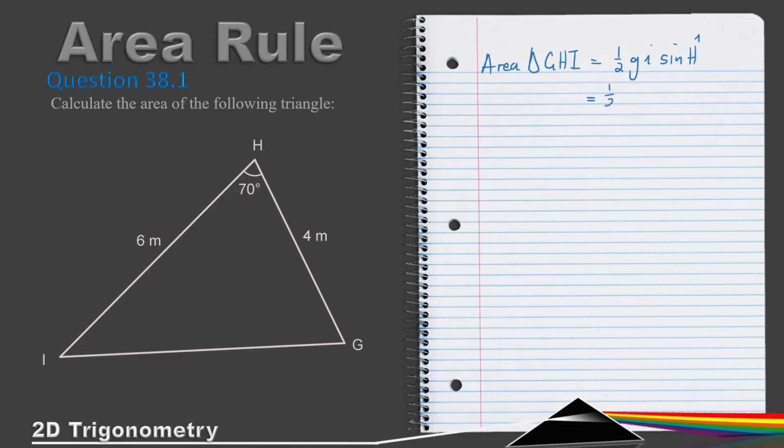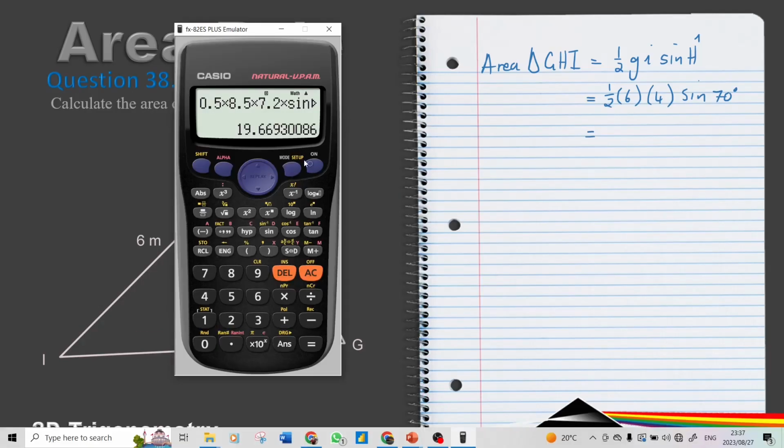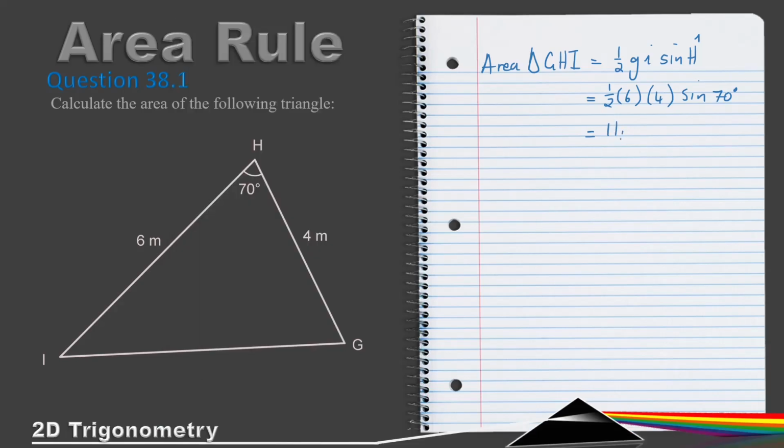Substituting in, g is 6 and i is 4, sine of 70, and then just typing it in. That gives 11,28 meters squared.